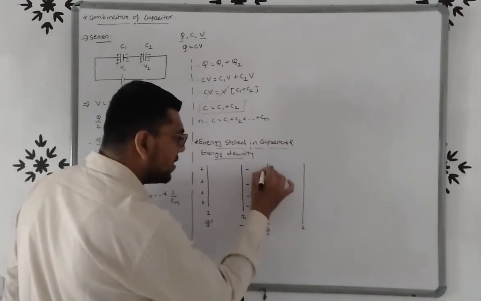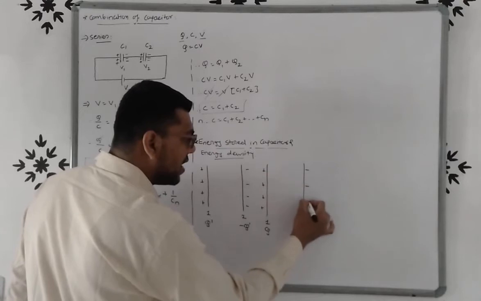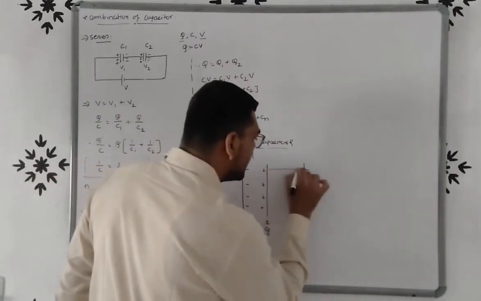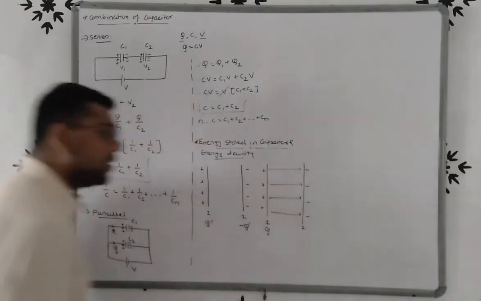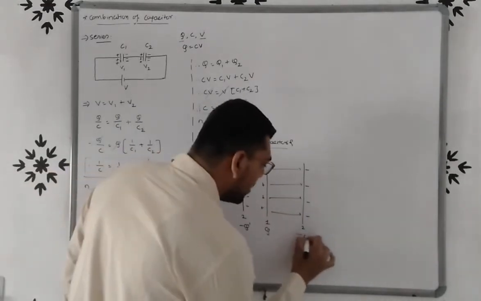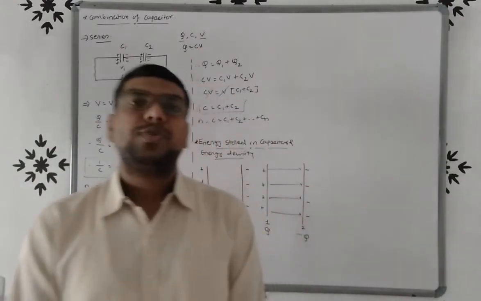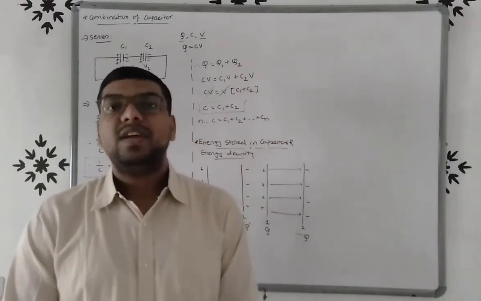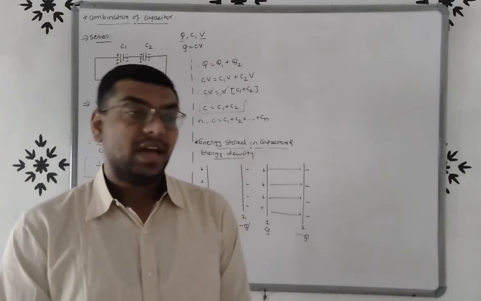This conductor 1 has a charge plus Q and this conductor 2 has a charge minus Q. So we already know that there is a field from positive to negative, right? So if we want to move a positive charge from conductor 2 to conductor 1, then we know that we have to apply work externally, right?